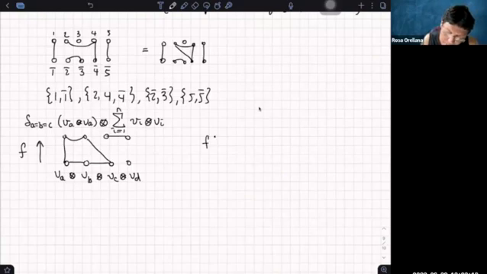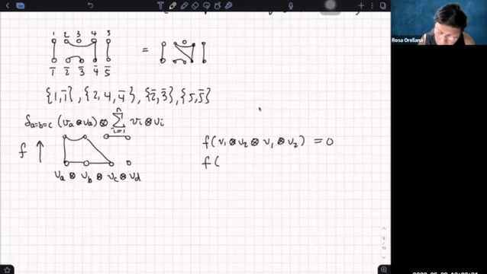So for example, if I choose the standard basis vectors, for example f of V2, V1, V2, this is 0, because the first 3 entries are not equal.